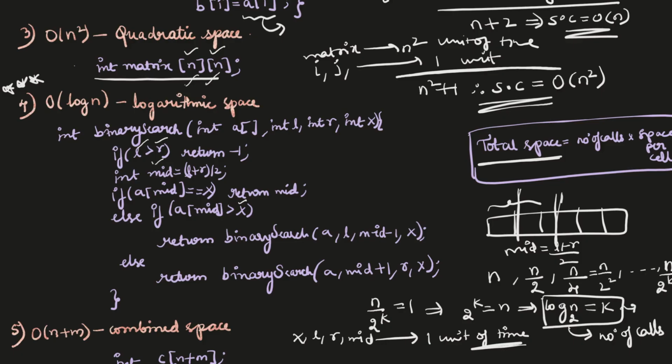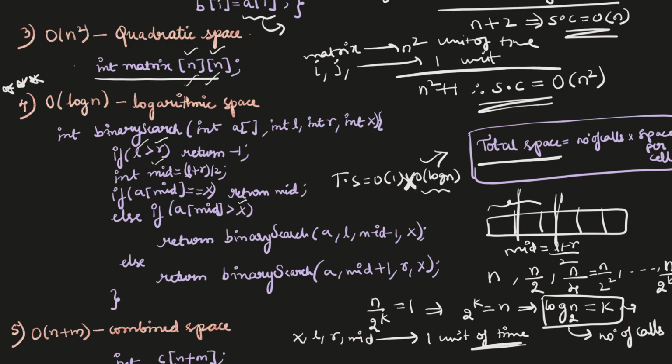So now the total space would be, total space is nothing but order of 1 plus order of log n. Log n for the number of times it has been called, sorry, it's multiplication.